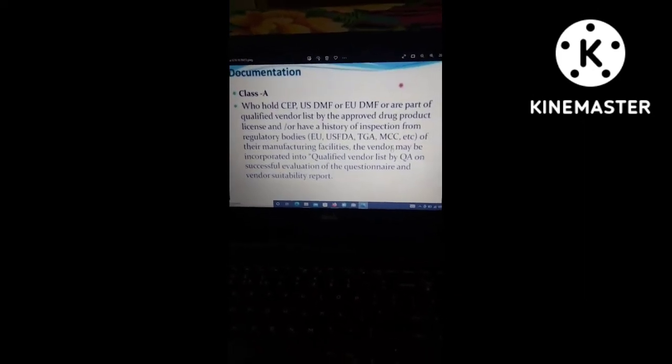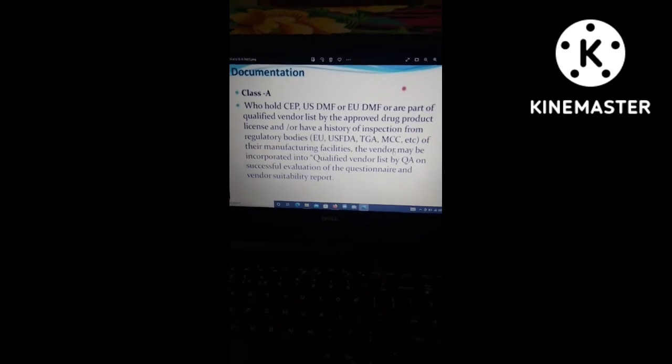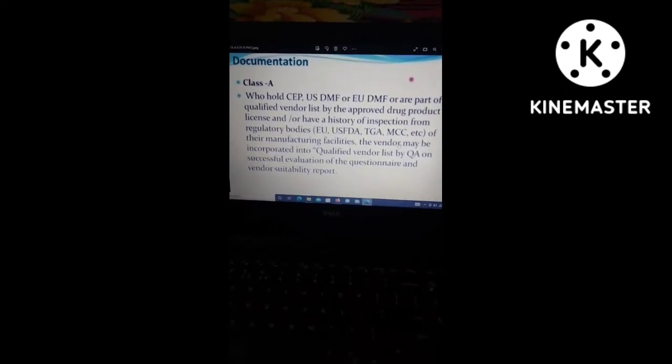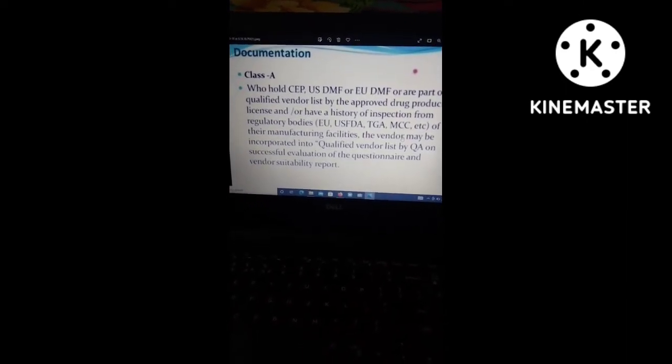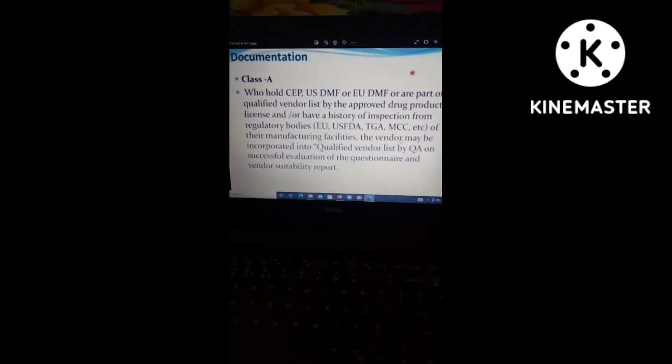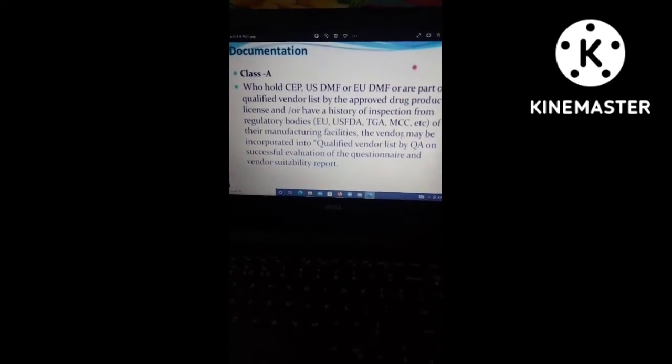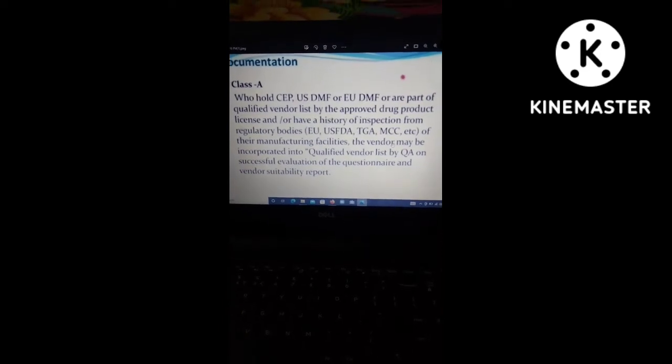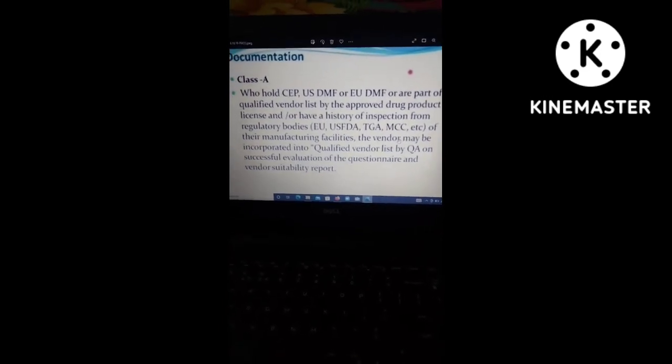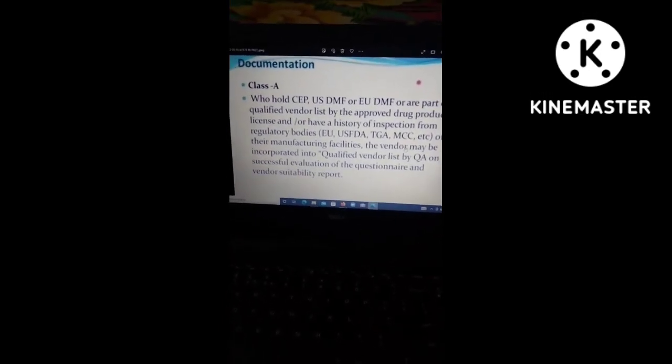That means whether the vendor has US FDA, TGA or regulatory bodies' inspection, and whether based on the questionnaire satisfaction and the vendor stability report they are in our approved qualified vendor list, then they will be considered a class A vendor.